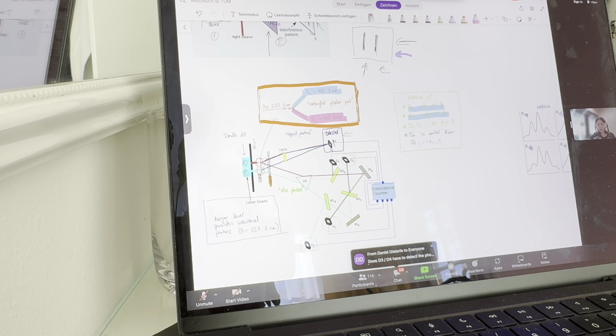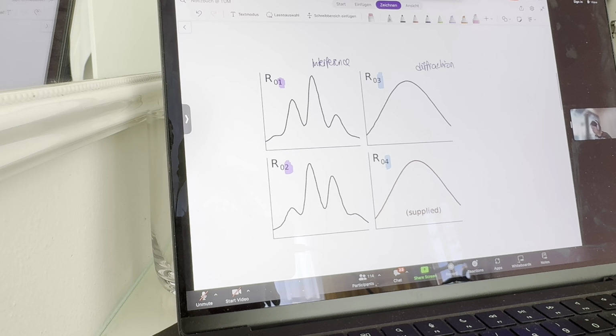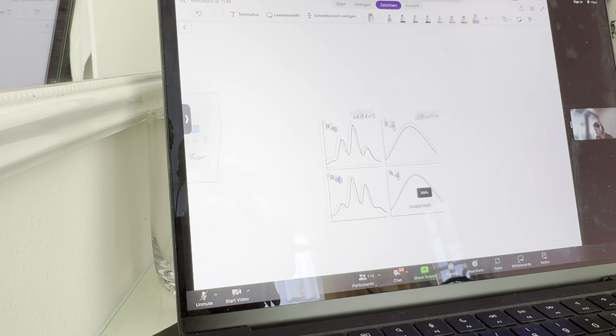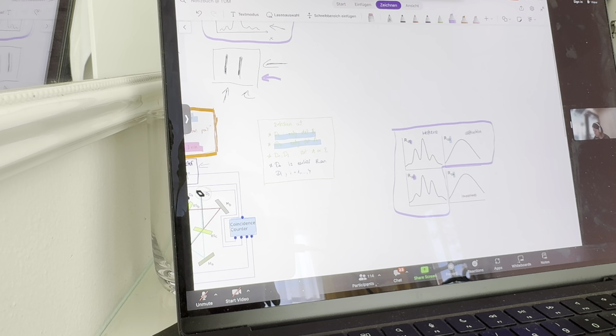What do the curves mean again? Okay, so this is a screenshot from the paper that is also linked on the tutorial sheet. Basically what they did is they only analyzed the data for these 3 cases, so when you detect the Adler photon on detector 1, 2, or 3.